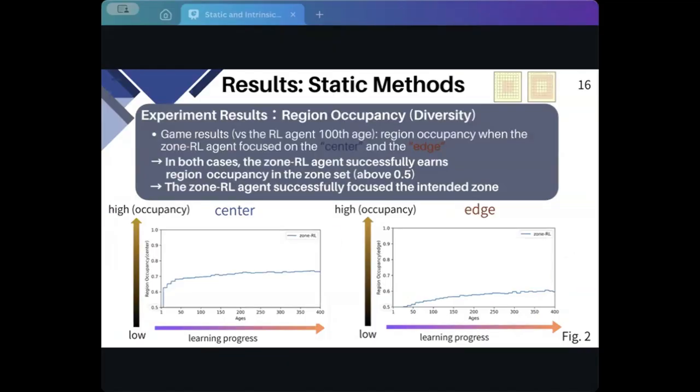There are two figures: the case when the zone is set center, which means our static method agent seeks to prioritize the center part of the board, and the case the zone is set edge. In both cases, the zone RL agent successfully earned region occupancy above 0.5 in the zone set. This indicates that the zone RL agent successfully focused on the intended zone.